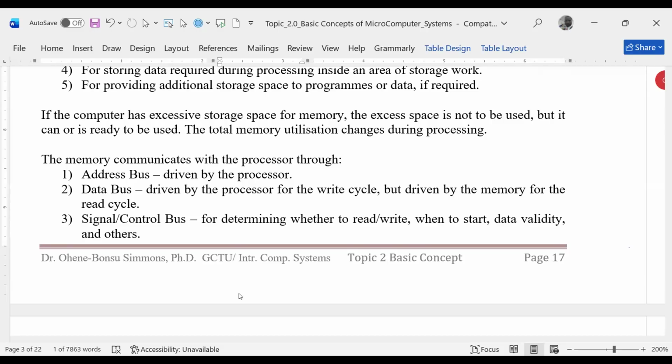Before you can move from one town to another, you pass through a road, a lane. In our field, before the processor and memory can communicate, they talk through what is called a bus. The bus is the path that links various devices together.